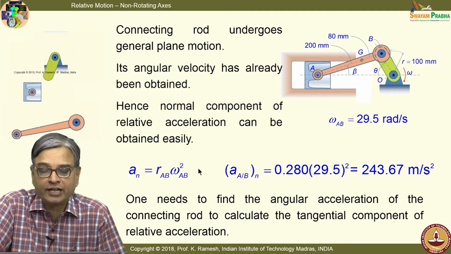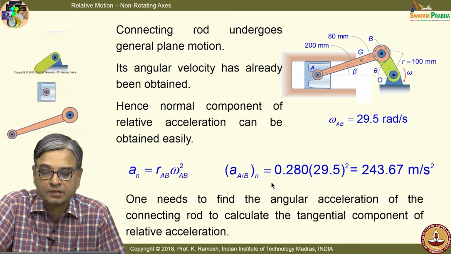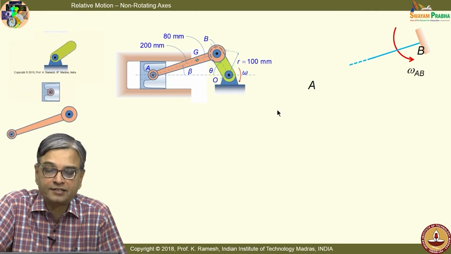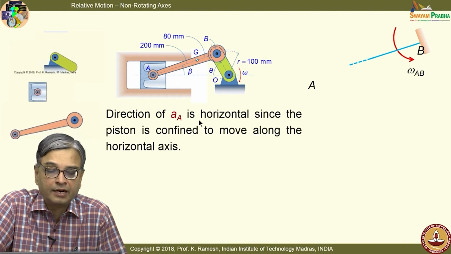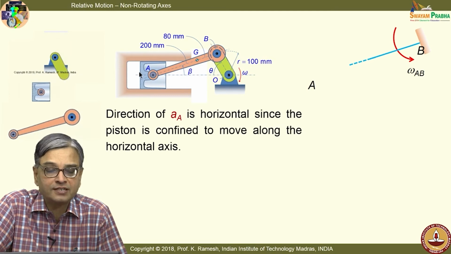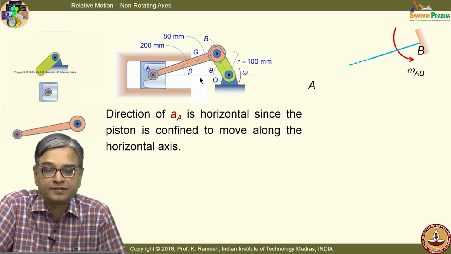So, we will take advantage of the acceleration diagram and let us look at what all quantities that we know. Direction of AA is horizontal, that I have already told you, because it is reciprocating like this.